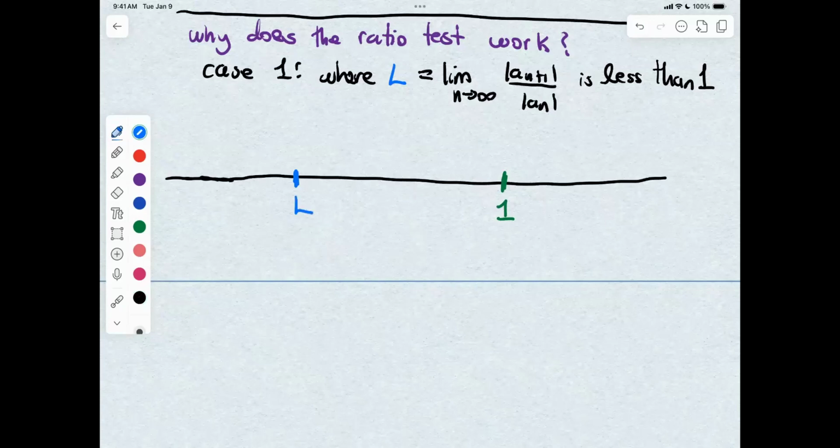And if the limit of the ratios is L, what does it mean for a limit to exist? It means that eventually you are pretty close to the limit, right? That's how you should think about a limit. As you increase the value for n, you get closer and closer to the limit. So eventually, all the ratios are going to be in around L.